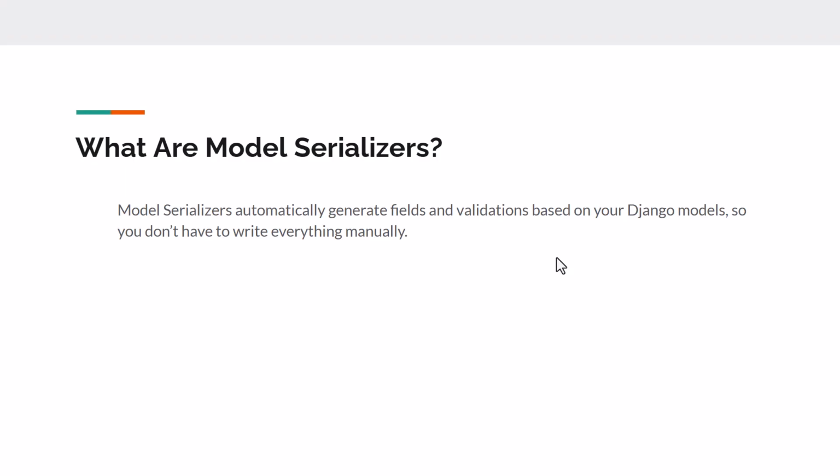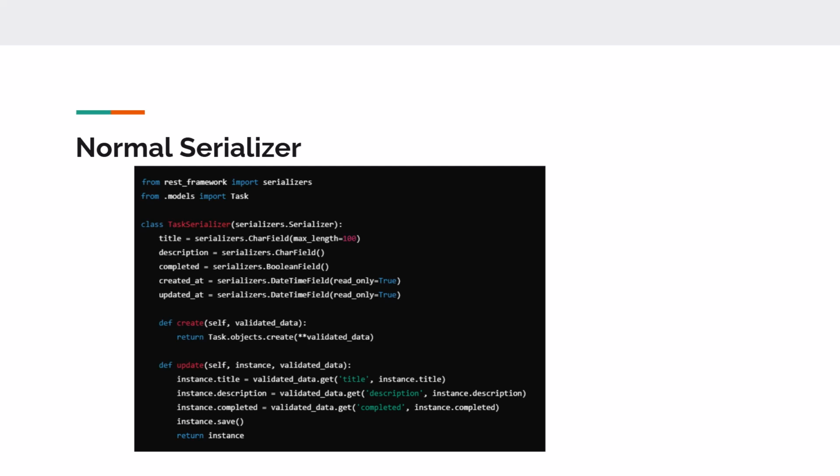First, let's talk about model serializers. If you've watched my previous video, you already know that serializers convert complex data types into JSON and vice versa. Model serializers take this a step further by automatically generating fields and validation based on your Django models. Let's look at this example.